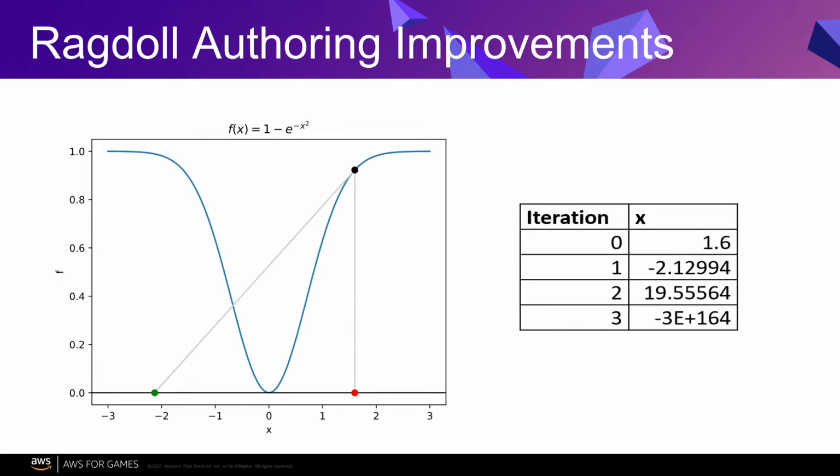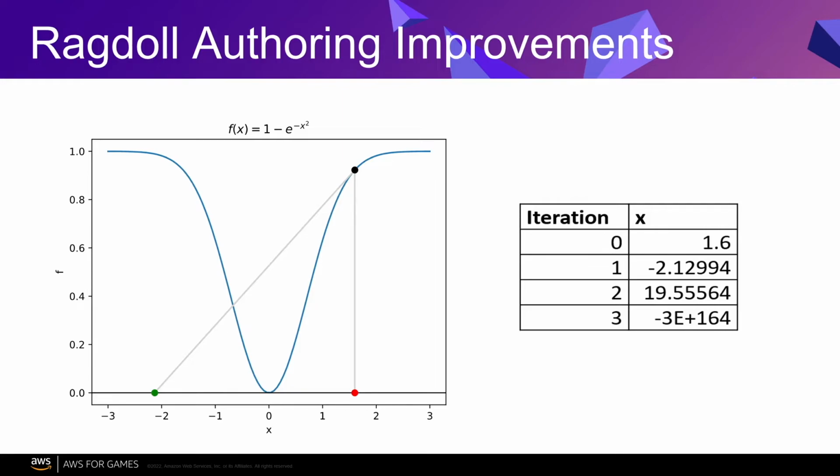Now I mentioned that Newton's method has very rapid convergence near the solution, but what if you're not quite so close to the solution yet? There's a danger here that you can overshoot if your gradient is basically pushing you to go beyond where the zero occurs.